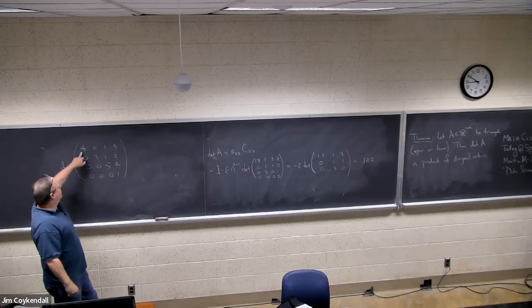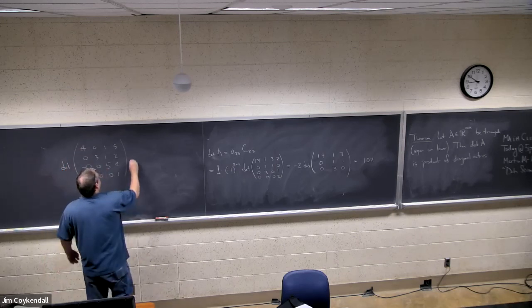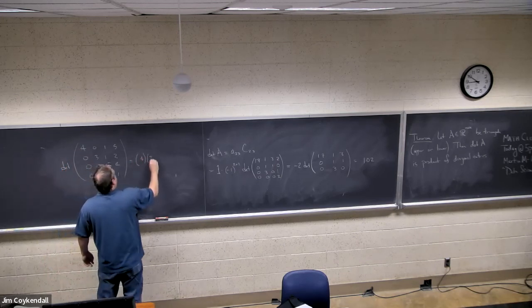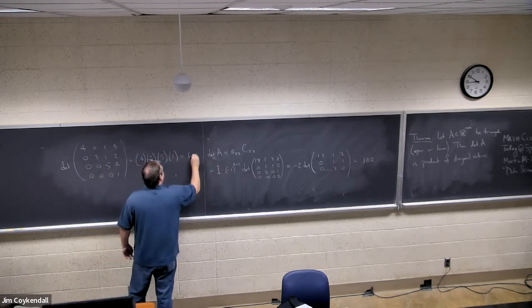This is an upper triangular matrix. The determinant of this is the product of the diagonal: 4, 3, 5, 1, which is 6.